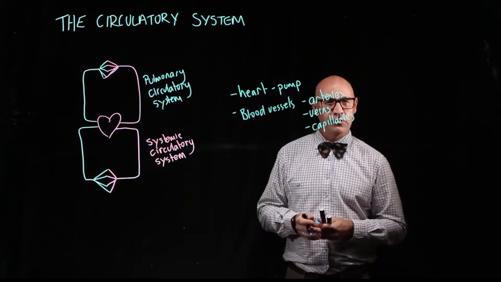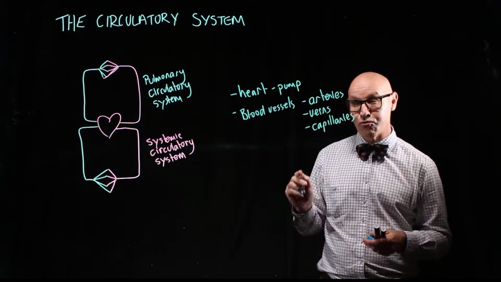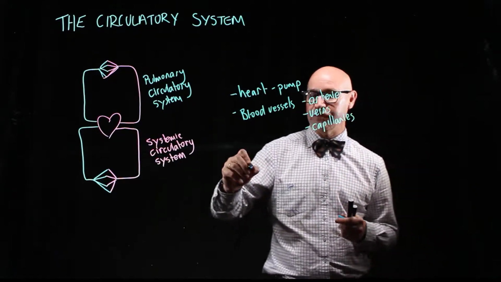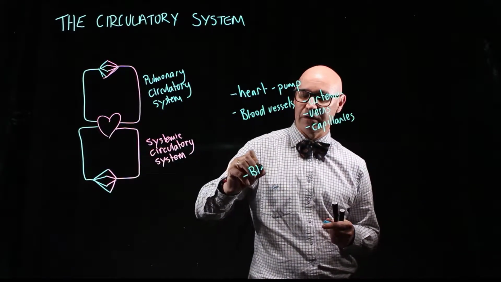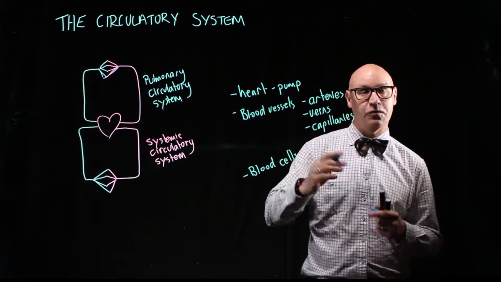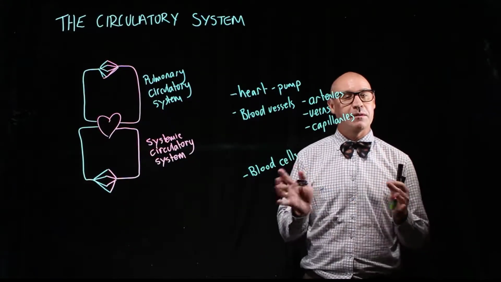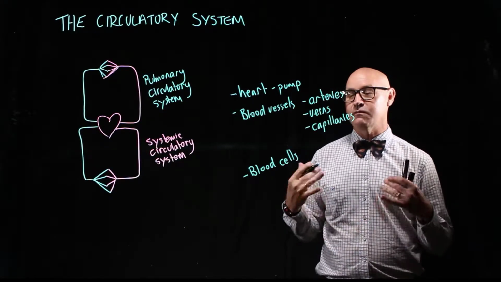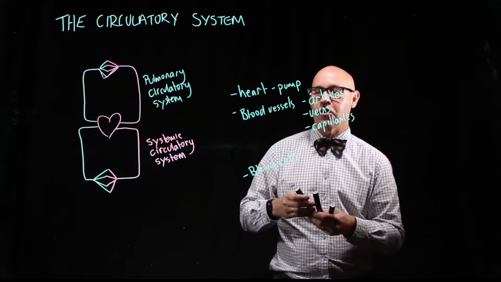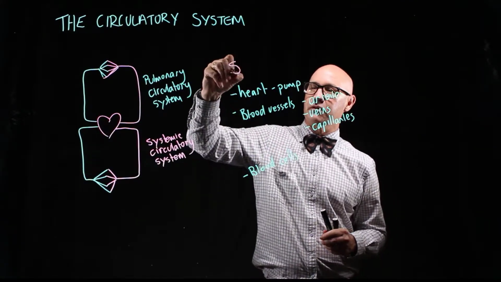Now, is that all? There's one more really important part, and that is the blood, the cells in the blood. The blood cells. And of course we've got white blood cells, a number of different types of white blood cells, and we've also got red blood cells. So they are the structures of the circulatory system.